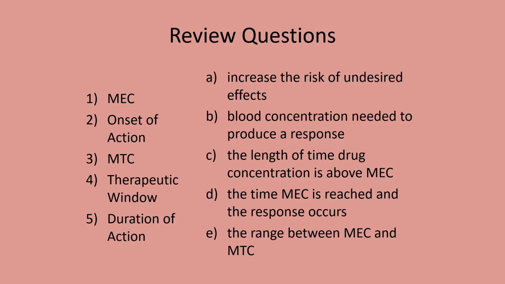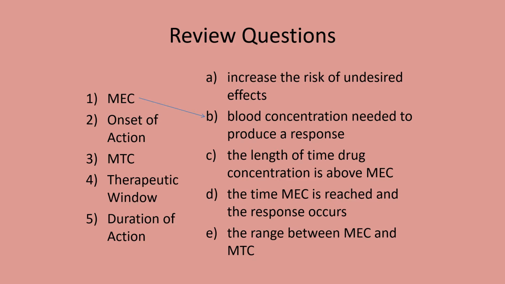All right, definitions. What is MEC? A, B, C, D, or E? Minimum effective concentration. B, right? The blood concentration needed to produce a response. So you need this much drug.